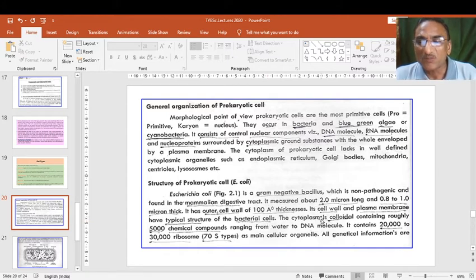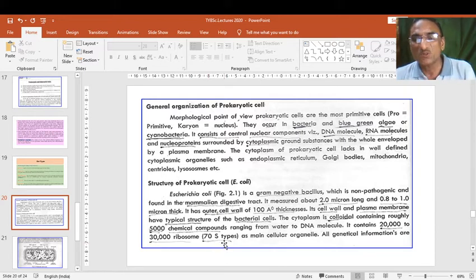The cytoplasm of this E. coli is colloidal in nature and contains roughly 5000 chemical compounds, ranging from water to DNA molecules. It contains about 20,000 to 30,000 ribosomes, and these are all 70S types.